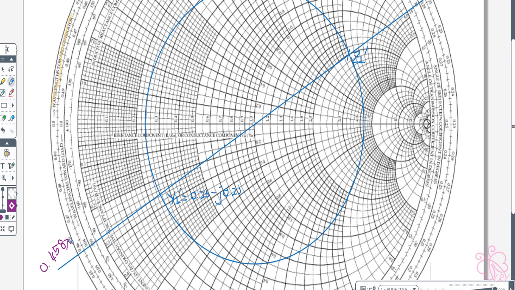We're going to rotate our YL prime to the first intersection of the VSWR circle and our matched real part. Our matched real part is at 1 plus jB or 1 minus jB.